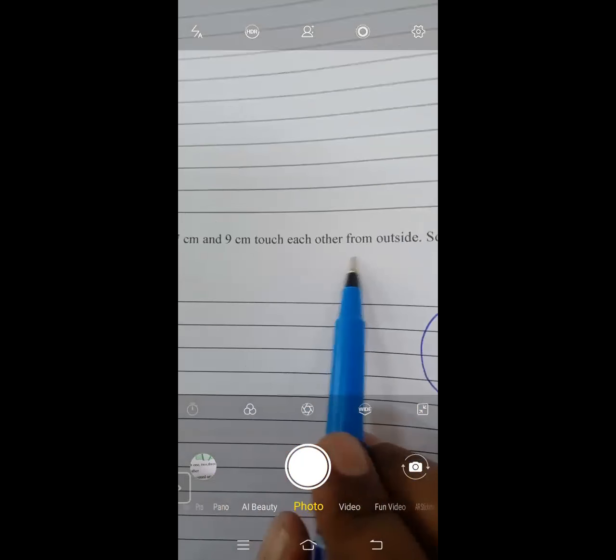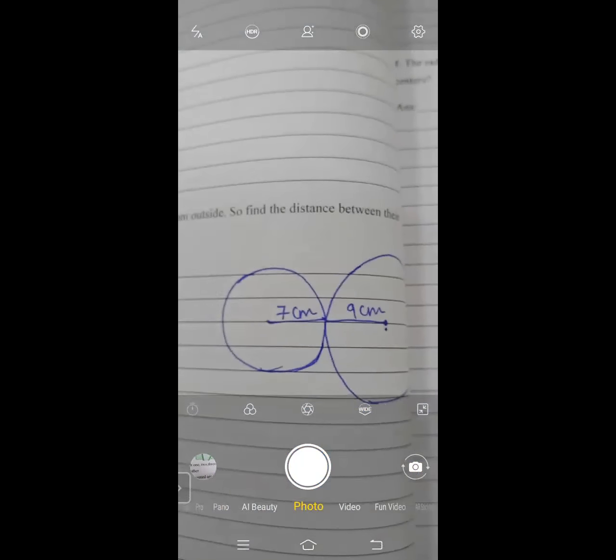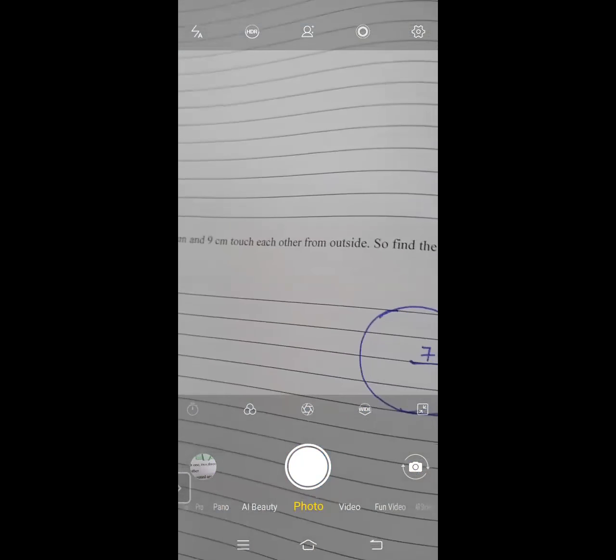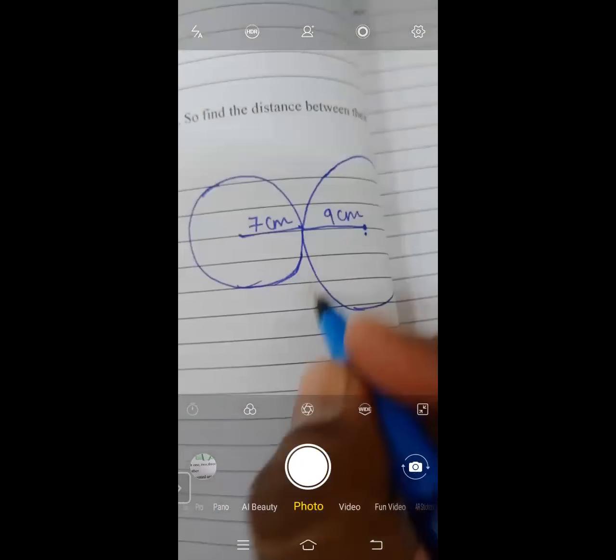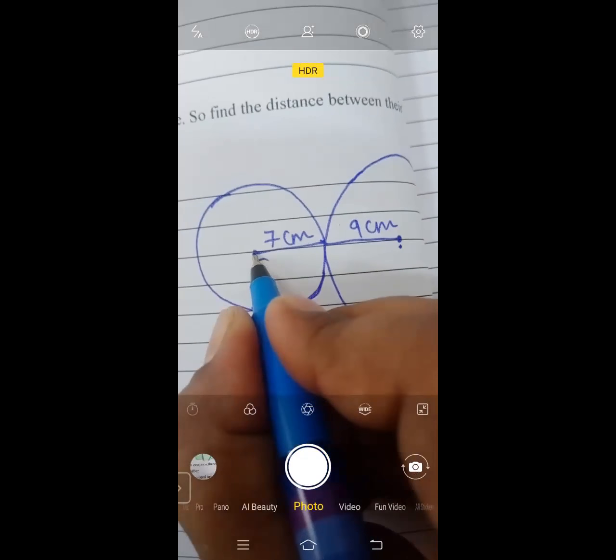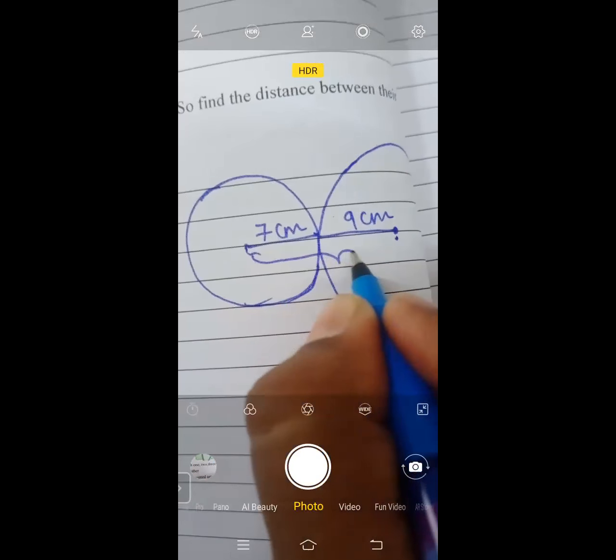How are they touching? They are touching from outside. So find the distance between their centers. So we will find this distance between the centers.